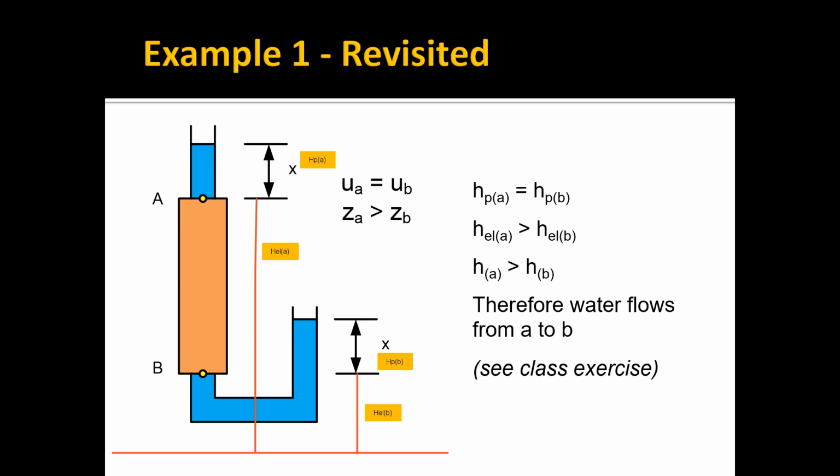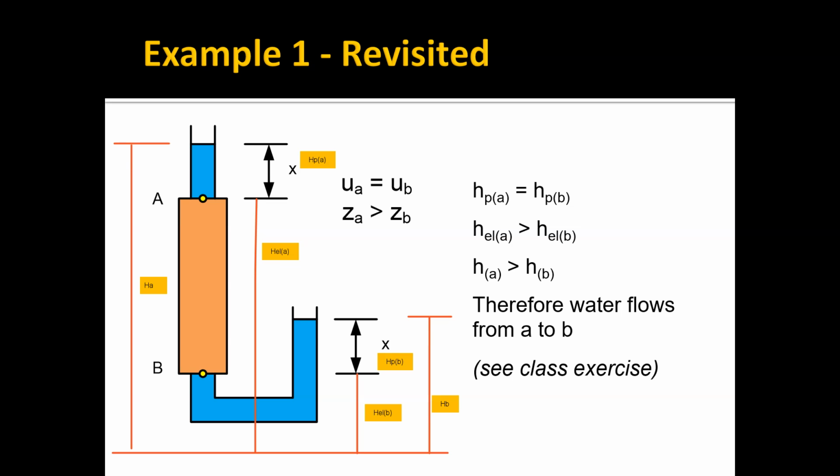And now we want to shift our attention. What is the total head? Well, the total head is the sum of the elevation head and the pressure head. But again, a simple way to think of it is if you just take the height to which water would rise above the point in question, measured relative to our datum, this becomes the total head for point A. And over here for point B, we have the height above the datum to which water would rise.